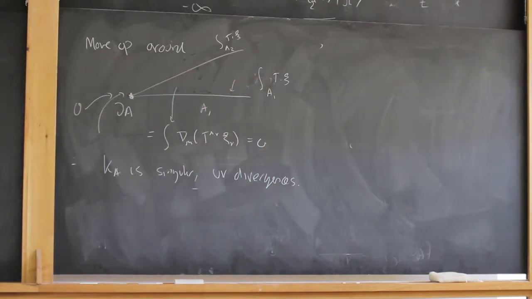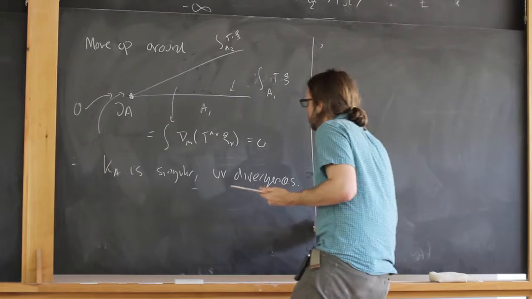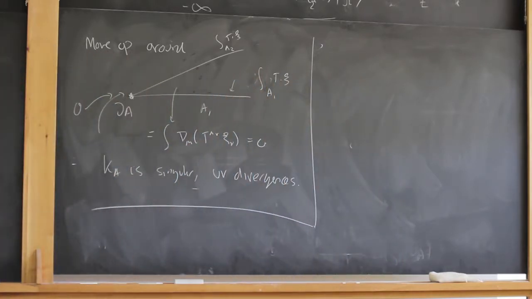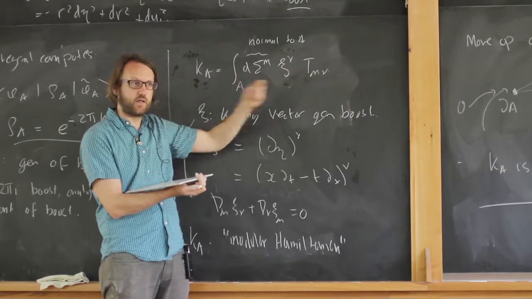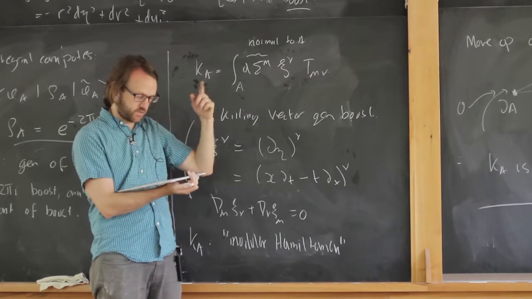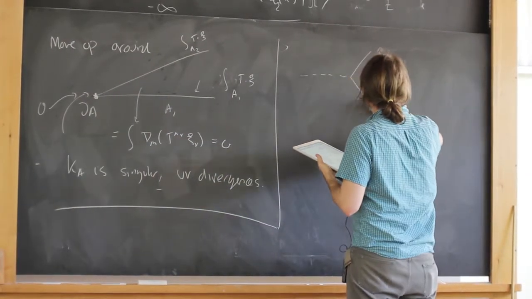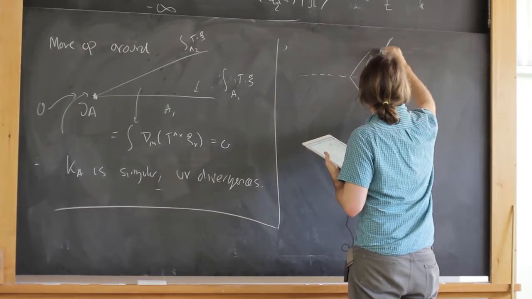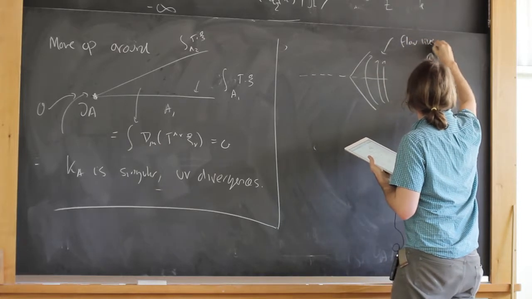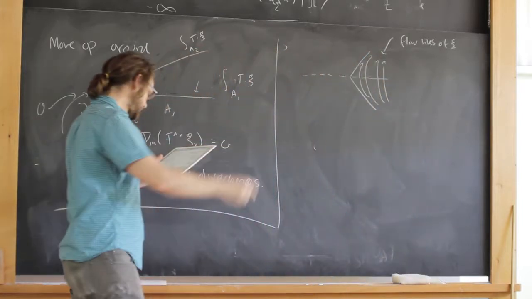Okay, all right, so this is the local case. There's a whole slew of situations where this also applies. This form of the modular Hamiltonian is very general, where all I do is replace my vector by some other Killing vector, which has this property that in Euclidean it's a rotation symmetry. Some examples: we just did the Rindler case, and I'm going to draw here the flow lines of the vector field C. These are the trajectories of the Rindler observers, if you like.